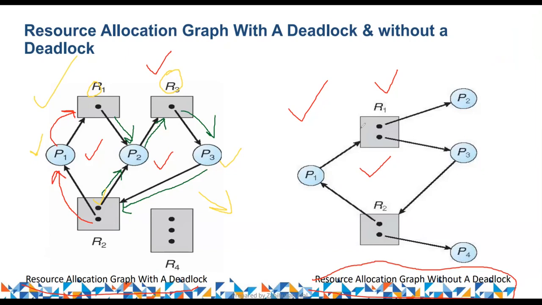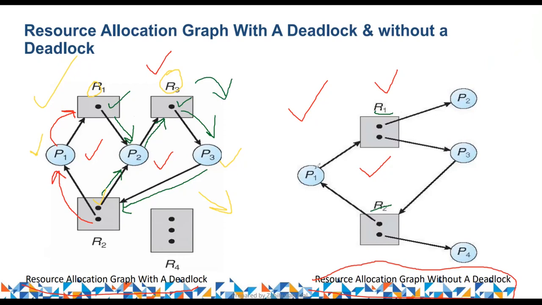Because at both sides, R1 and R2 are multi-instance. In this first diagram, the bad luck was that R1 and R2 both are single instance resources. And these two single instance resources increase the possibility of deadlock. And that's why we say here the deadlock has already occurred.